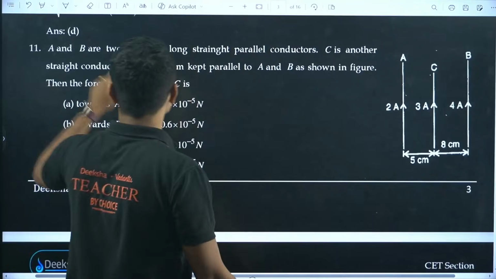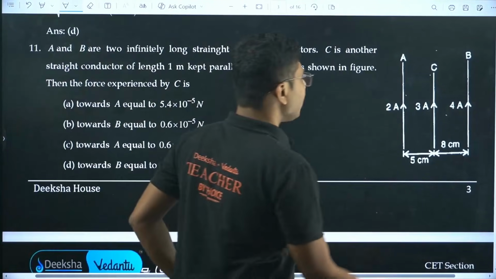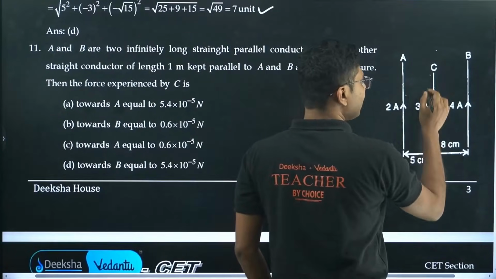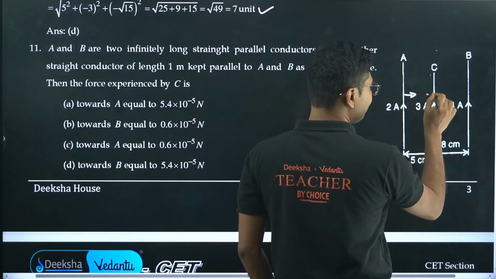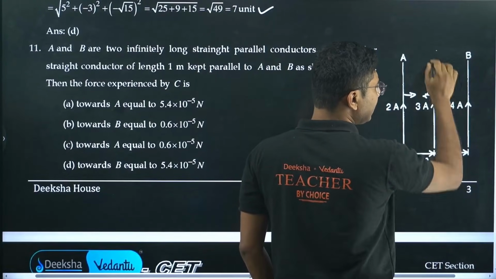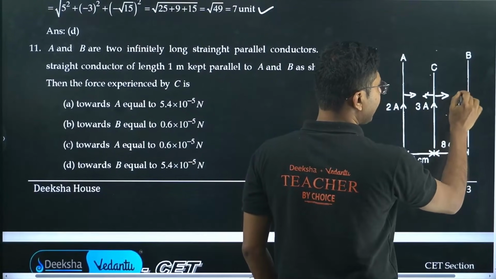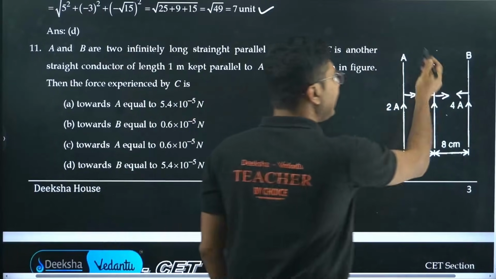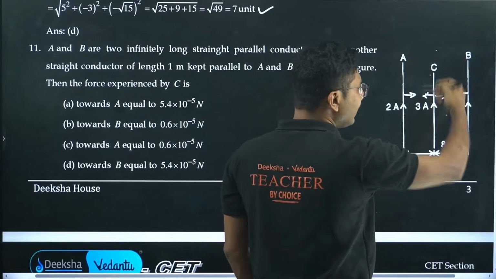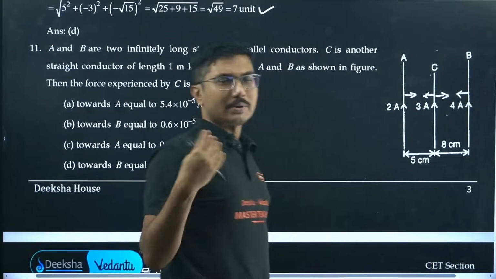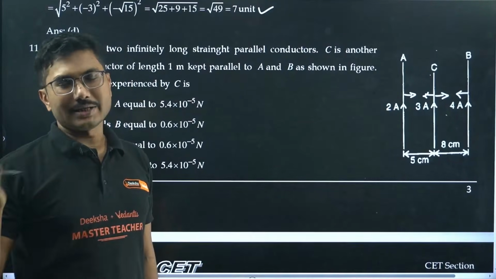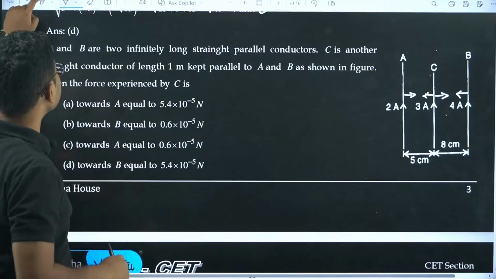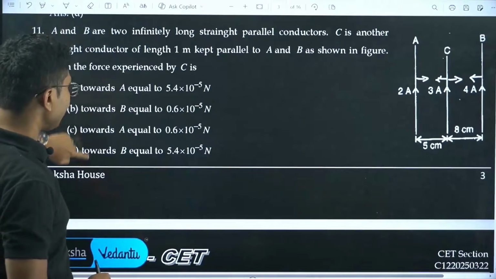Now first of all, let us understand the direction. These are all parallel currents, so they will attract each other. These two are also parallel, so they will also attract each other. So basically you need to find the force between these 2 wires and these 2 wires, and subtract larger minus smaller. That should be the process. So you have to calculate the individual forces.